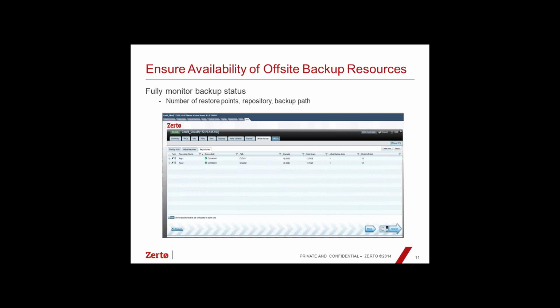And here, just another view so you can look at the repositories to make sure that you have the correct number of restore points and that everything's aligning with your business needs and how you've configured the offsite backup feature.